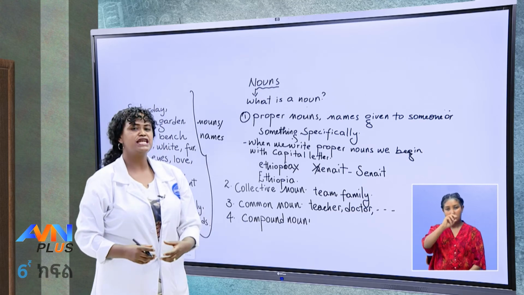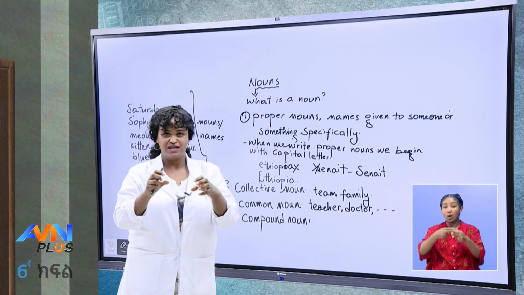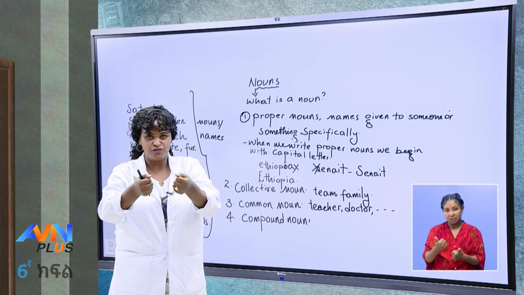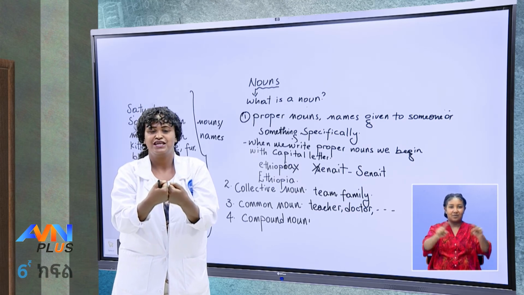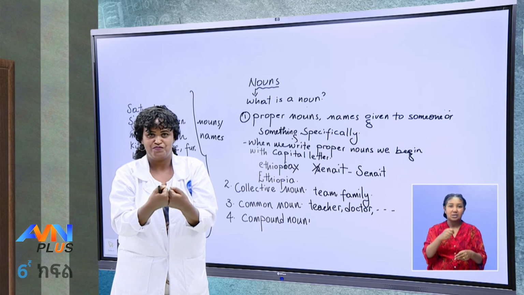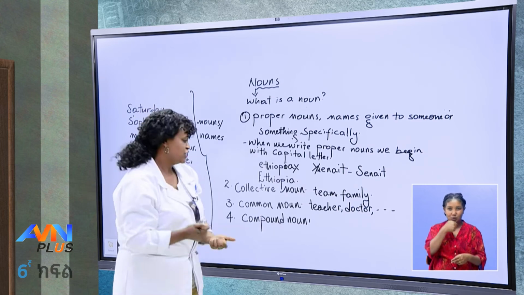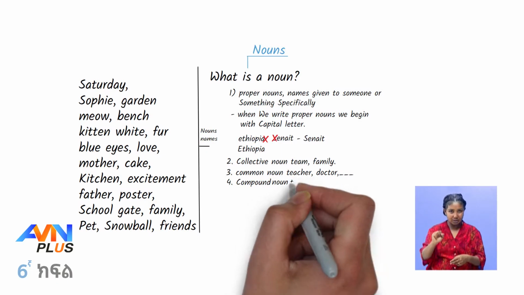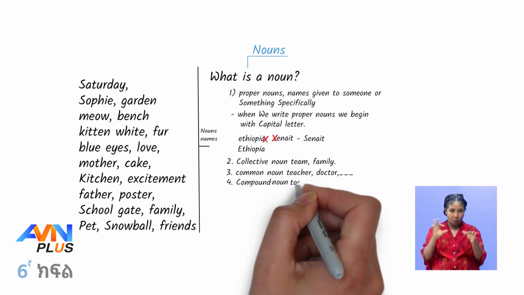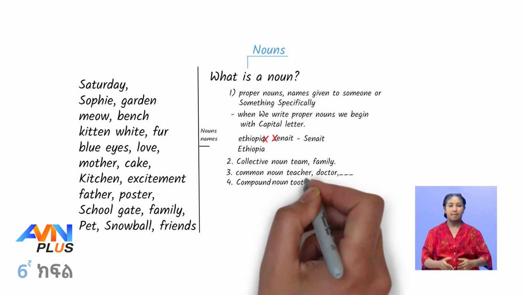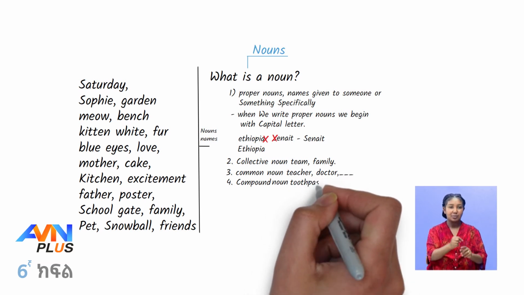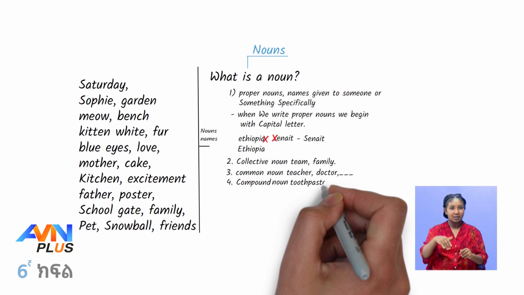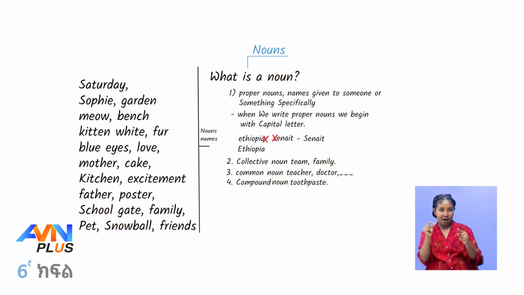Compound noun means a noun which is compounded with two different nouns. For example, you say toothpaste for the brush. Yeah? Toothpaste. As if it is one word. But it's not one word. Yeah? There is tooth and there is also paste.